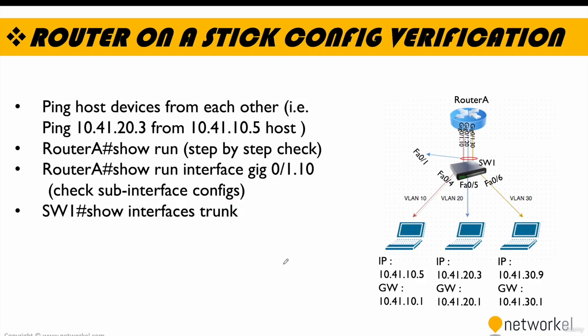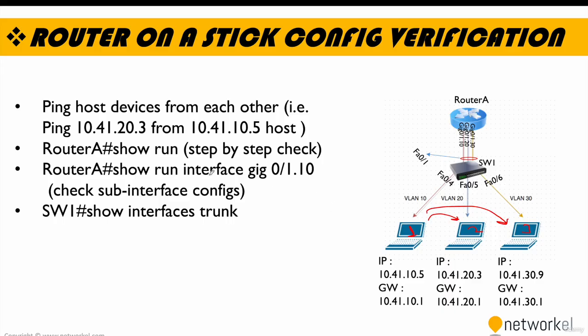If I want to verify whether my router on a stick configuration is working fine or not, I can just try to ping different PCs. From PC1, I can try to ping PC2 and see if it is working. I can also try to ping PC3 from PC1, or do a test and see whether each and every PC is pinging each other.